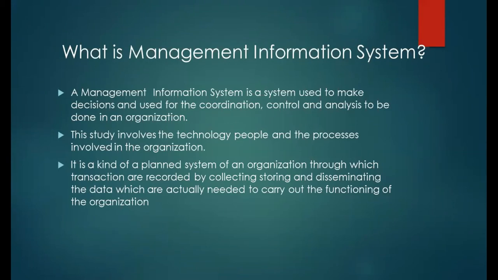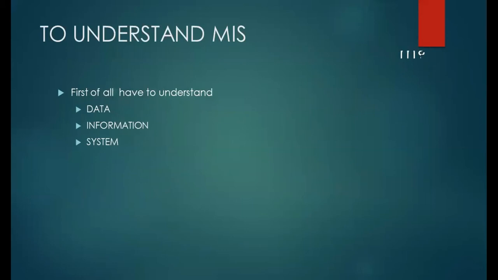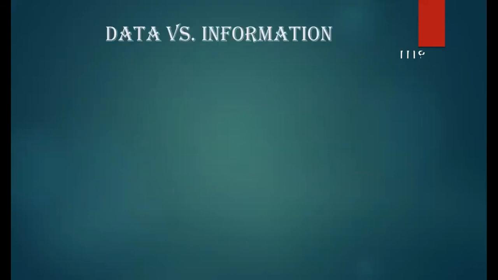It is a kind of planned system of an organization through which transactions are recorded by collecting, storing, and disseminating the data which are actually needed to carry out the functioning of the organization. To understand MIS, first of all, we should understand about data, information, and system.